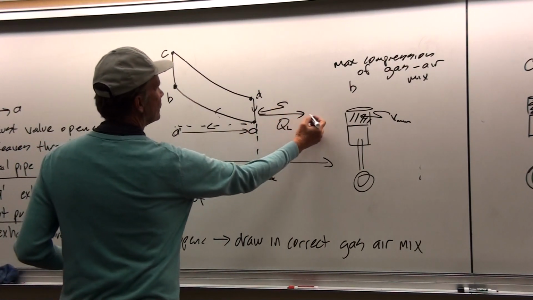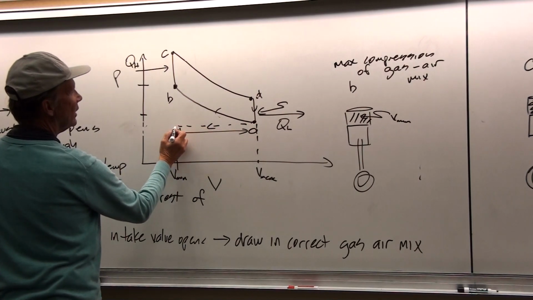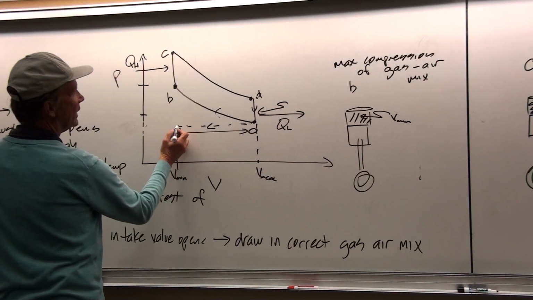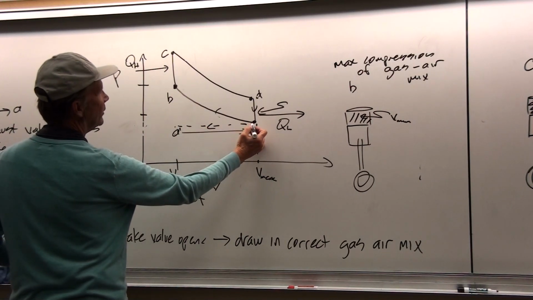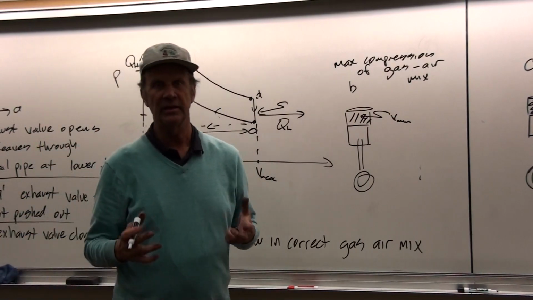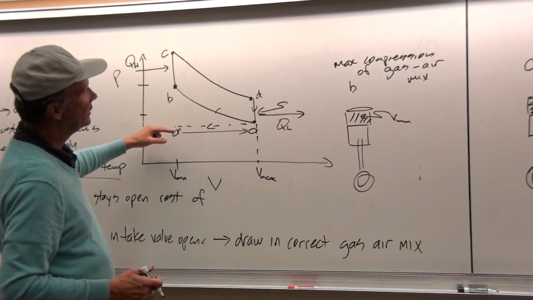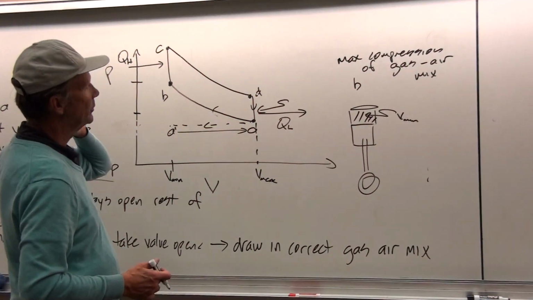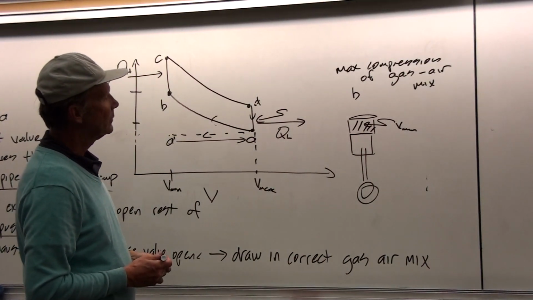Then we release the heat at lower temperature, and then we get rid of all of the excess exhaust by letting it go through a kind of passive A to A prime, which is the exhaust valve open, and then the intake valve open, going from A prime back to A. That connects it with the environment and maintains the pressure at 1 atmosphere during that process, in which either the exhaust valve is open or the intake valve is open on the way back in. And then it's ready to go again.